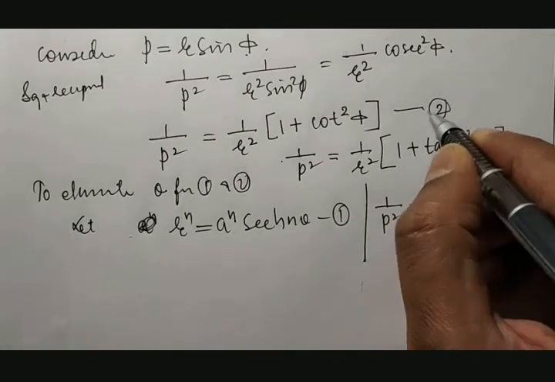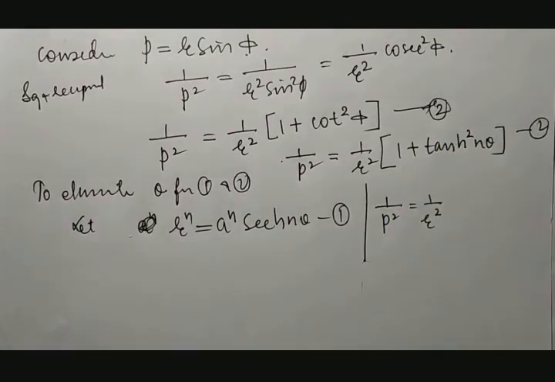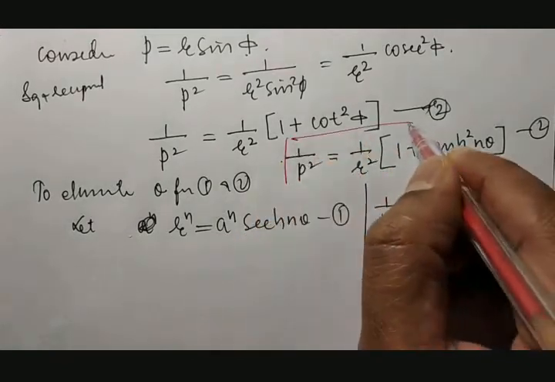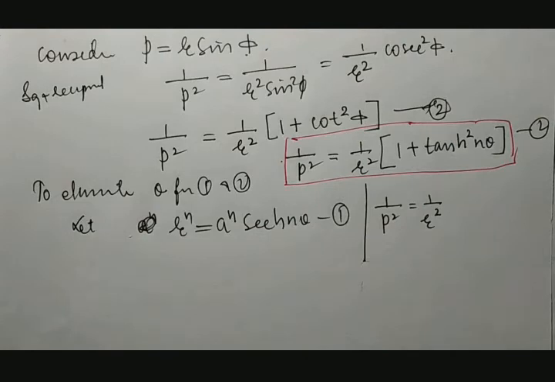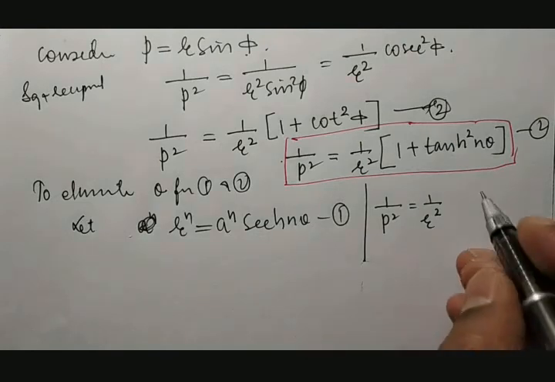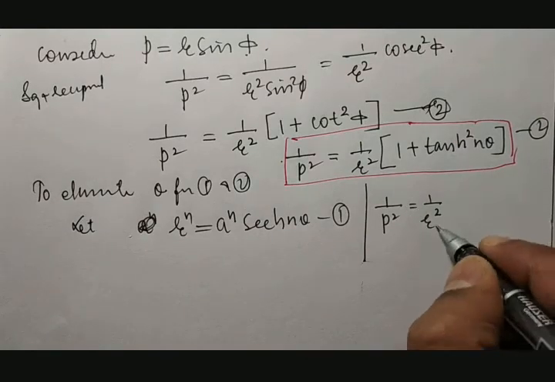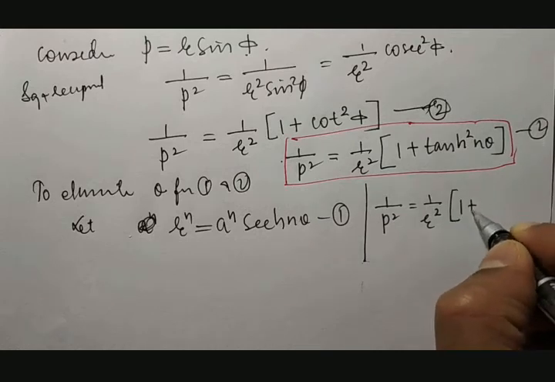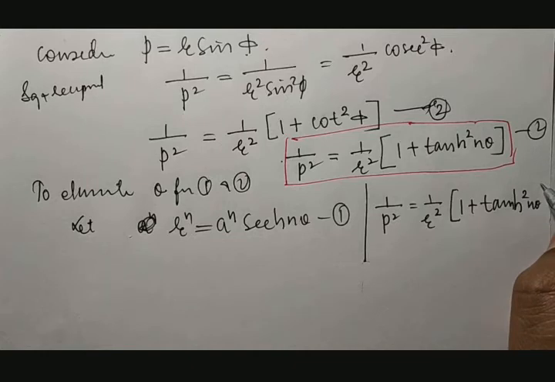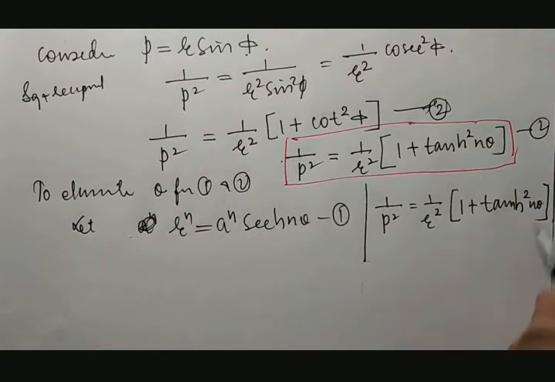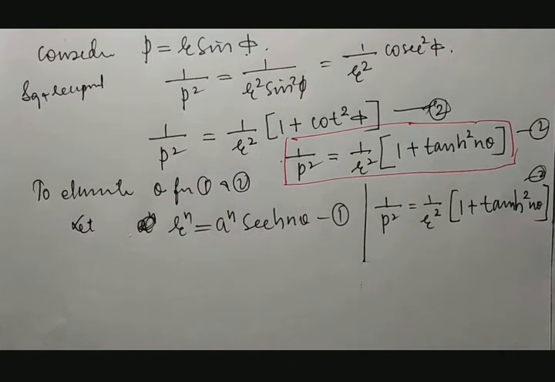Now I'll take this as equation number 2. So that is 1 by p square is equal to 1 by r square into 1 plus tanh square n theta, as equation number 2.